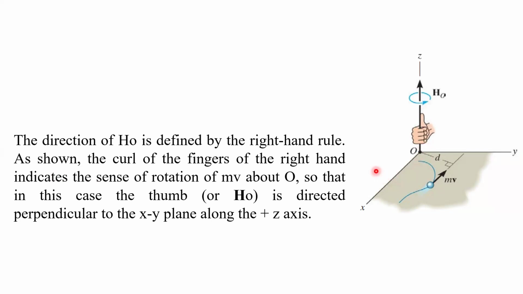The direction of movement of the particle is counterclockwise. We know that in mechanics, counterclockwise or anticlockwise is positive.